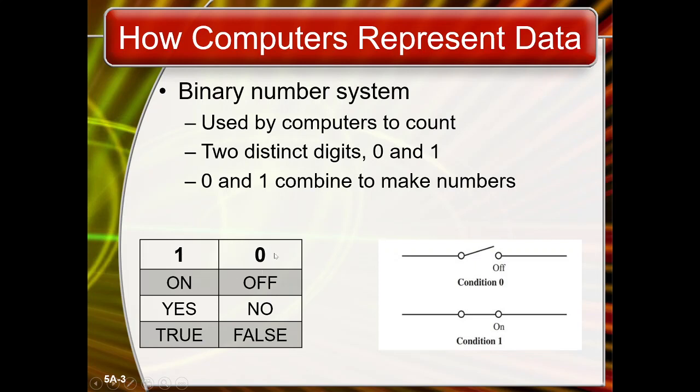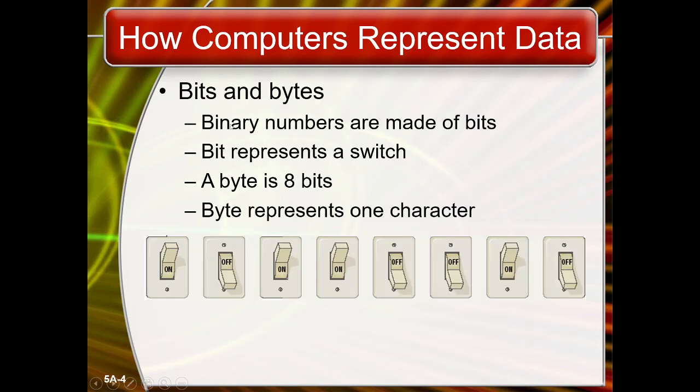At one place, we can only place either 0 or 1. That single place is referred to as 1 bit. And if we combine a sequence of 8 bits altogether, we refer to it as 1 byte.